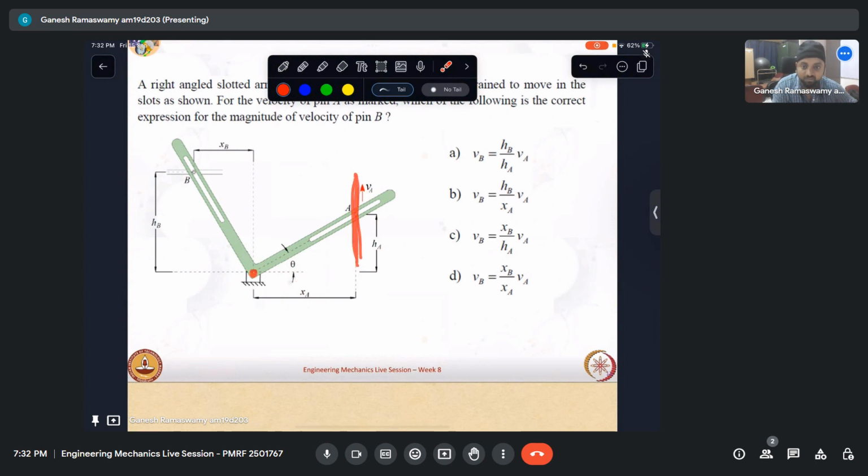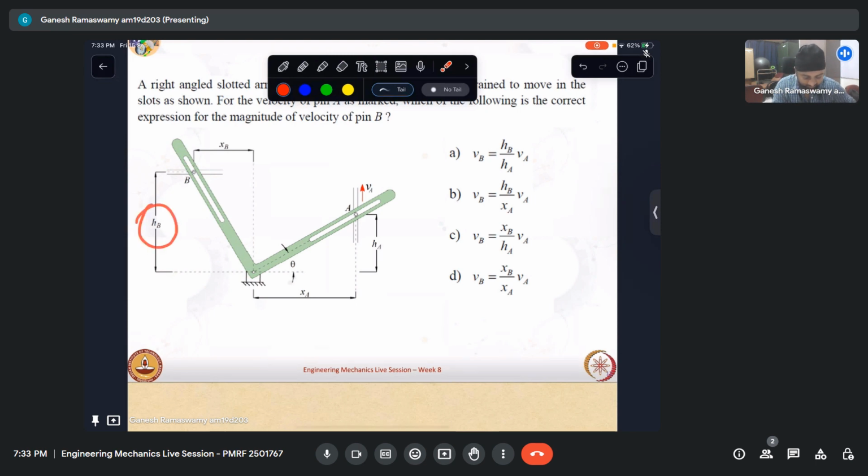So that distance is fixed, whereas HA is variable because the pin is actually moving along this slot. In the other case, we have XB, which is varying, which is the distance of the pin from this reference. Whereas this slot which is there from that pin, that distance is fixed.